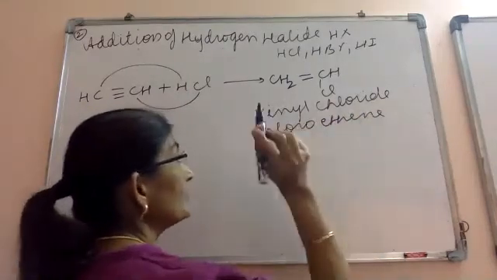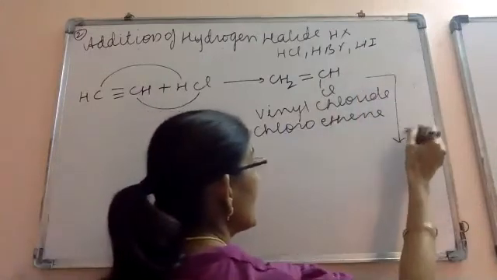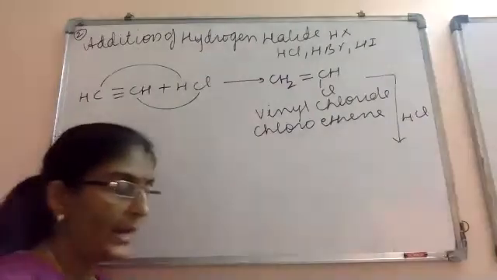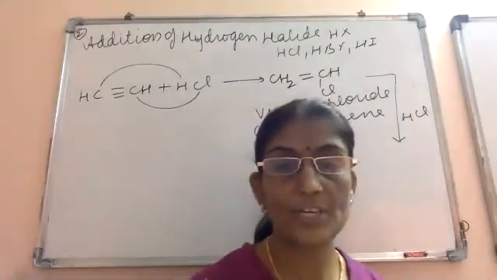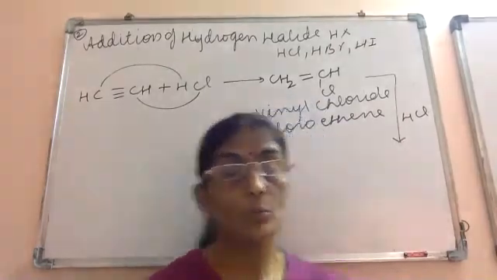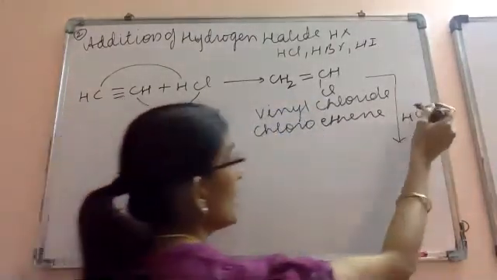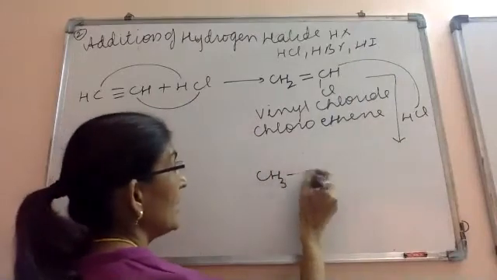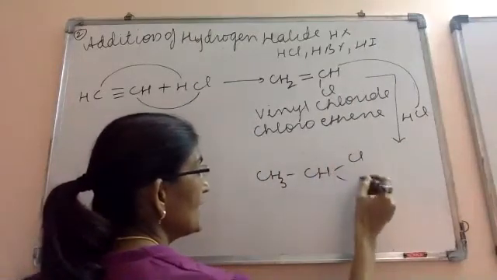Chloroethene. One more molecule of HCl gets added. Anywhere we can place hydrogen and halogen. Where halogen was already added, the second halogen will also add on the same carbon. So the product will be CH3 CHCl.